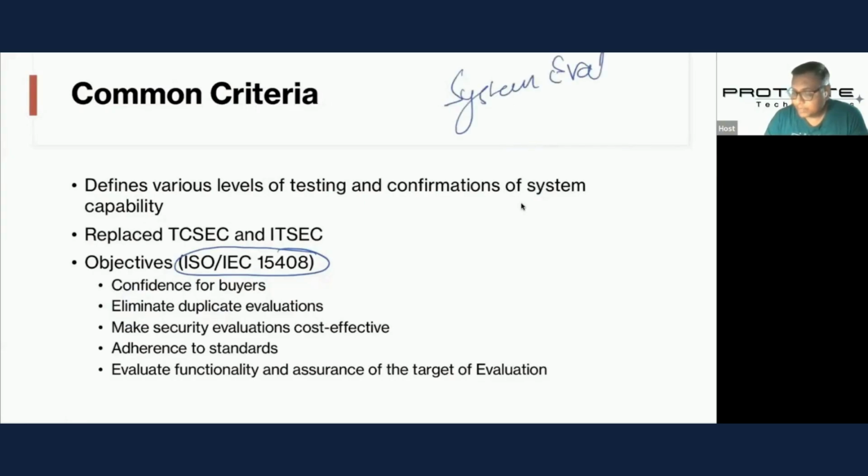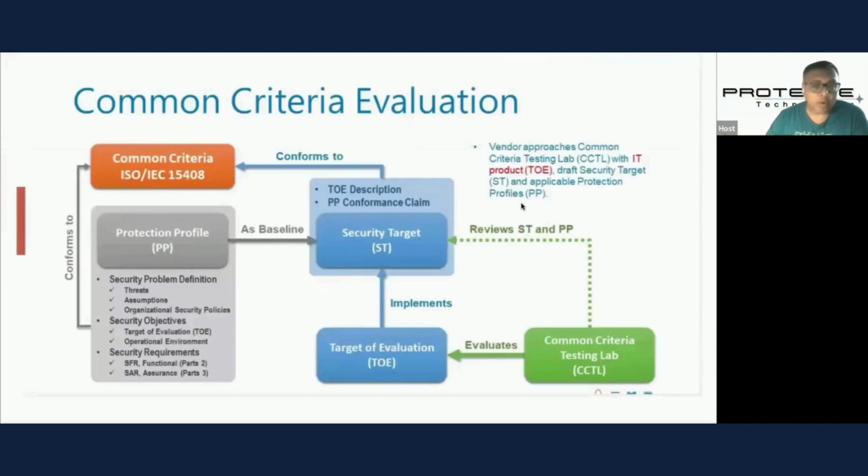If you want to know how a system is supposed to be tested, whether it meets the desired standards, then common criteria is a methodology by which you can evaluate a system to understand what kind of security or quality assurance this system has.